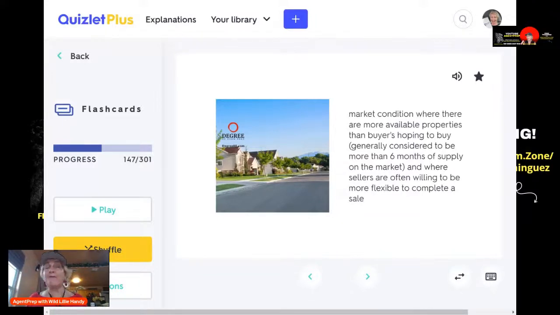Since COVID, we have been in a seller's market, sellers getting what they want or a lot more, and buyers having to offer and pay for almost everything, and only about 1 month or 1.5 months of inventory available. So what is this market condition where there are more available properties than buyers hoping to buy?